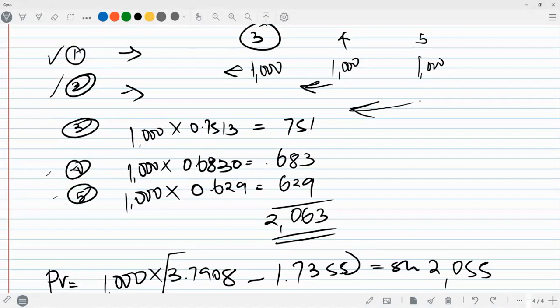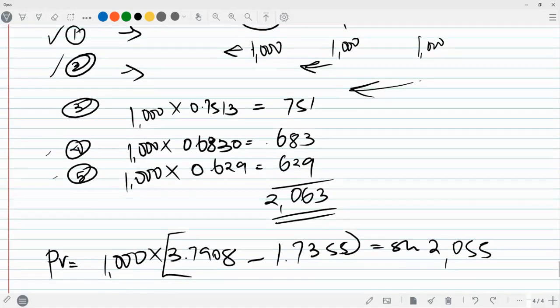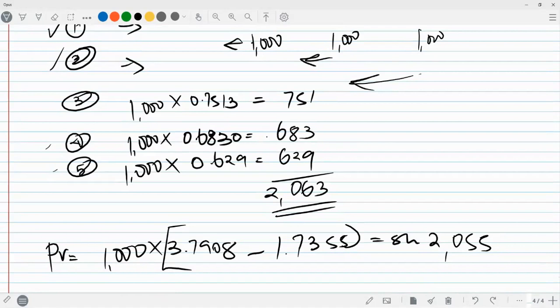The 3.79 we checked on year 5, right? Yes, we did. We assumed that you're going to be getting 1,000 every year.